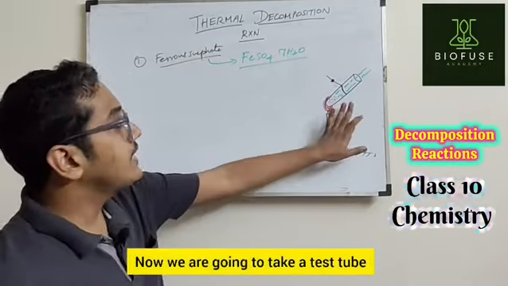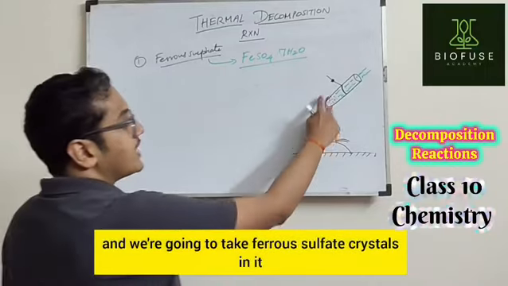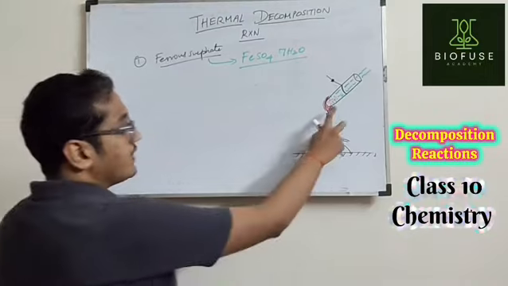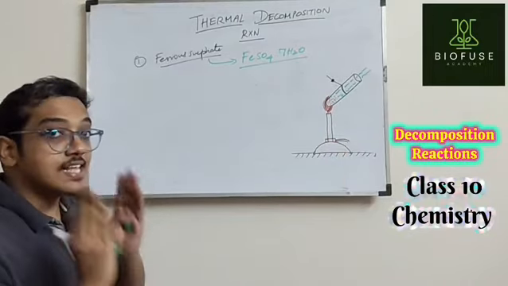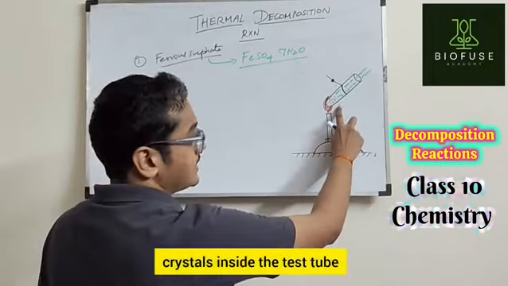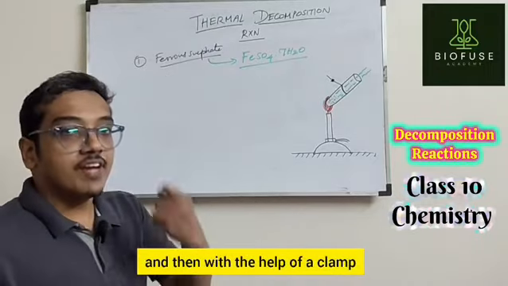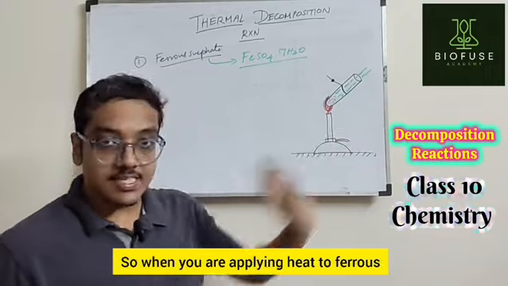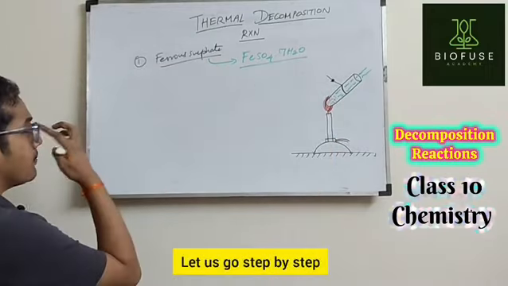Now we are going to take a test tube and take ferrous sulfate crystals in it. The crystals are in the form of pellets. So we take FeSO4.7H2O crystals inside the test tube, and then with the help of a clamp, we are going to heat it. When we apply heat to ferrous sulfate, what happens? Let us go step by step.